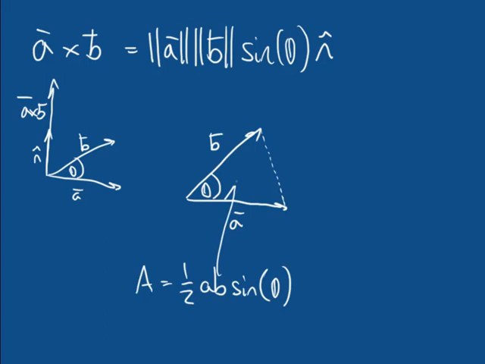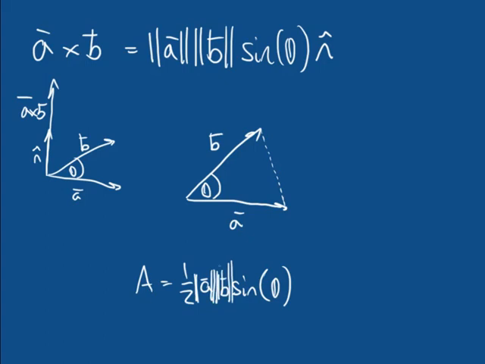Now, if we're applying that to this triangle, we can see that A here, the length of one of the edges, is really the length of our vector A, because A is a vector, so we can't just have A in that equation. What we really need is the length of the edge, which is the length of vector A, and the B in our equation really is the length of this edge here, which is the length of vector B.